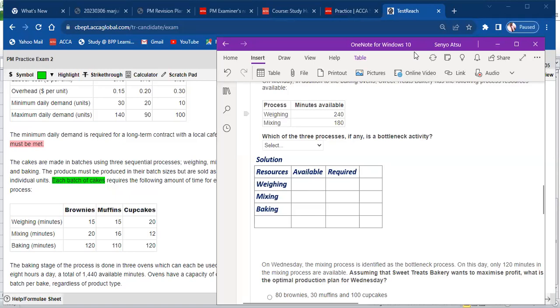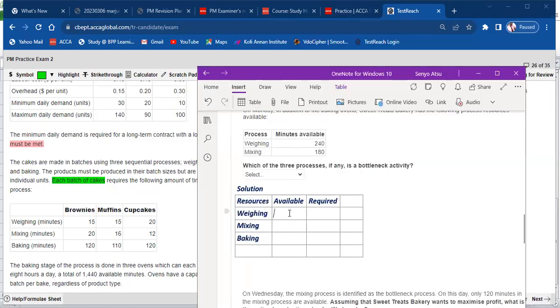Mixing, 180 minutes. Baking, we were told in the scenario 1,440 minutes, made up of 3 ovens, working each for 8 hours a day. That is 3 times 8, 24 hours. If you multiply by 60, that's 1,440 minutes available.